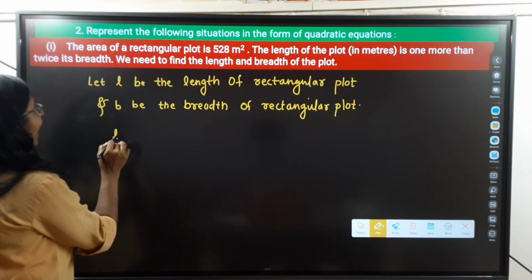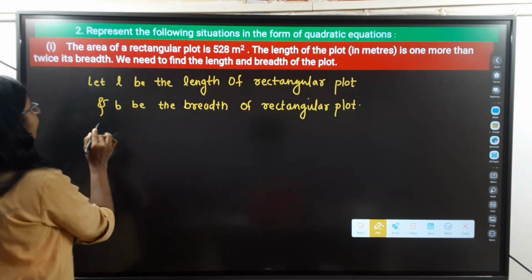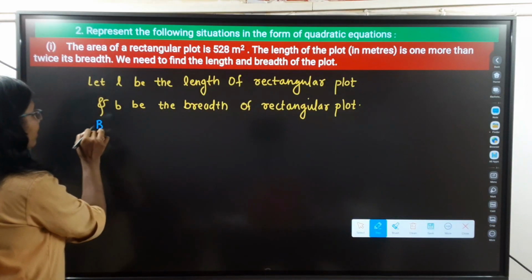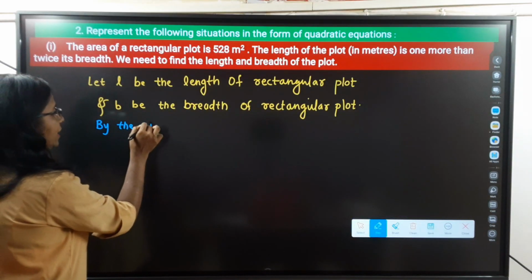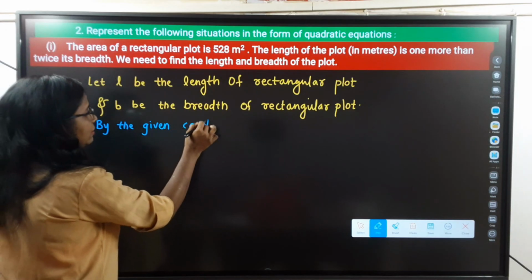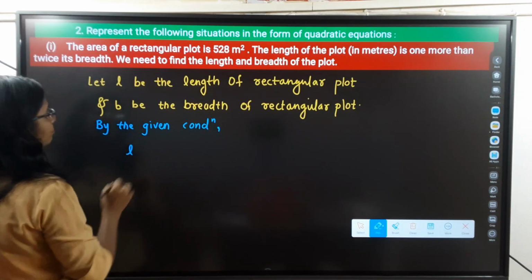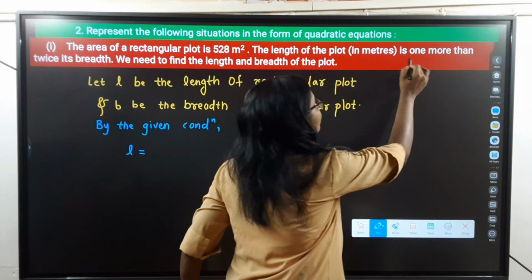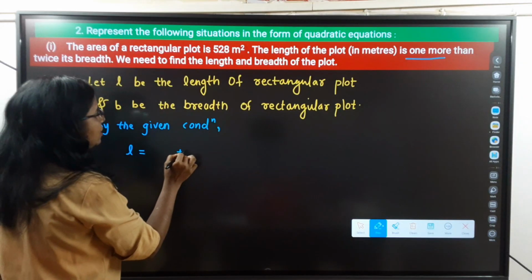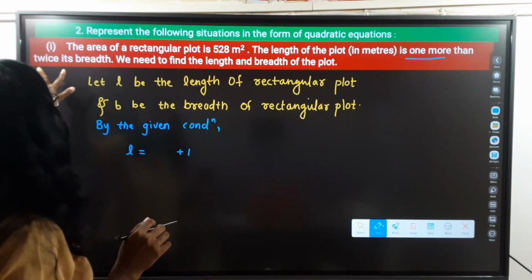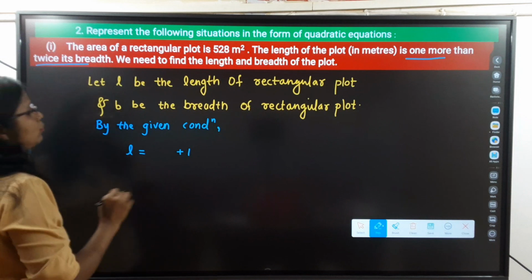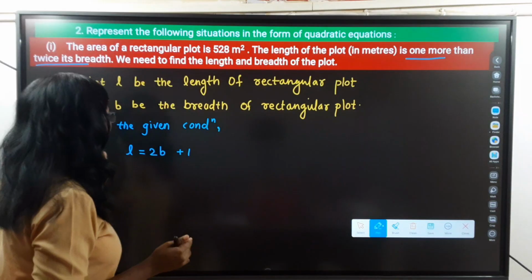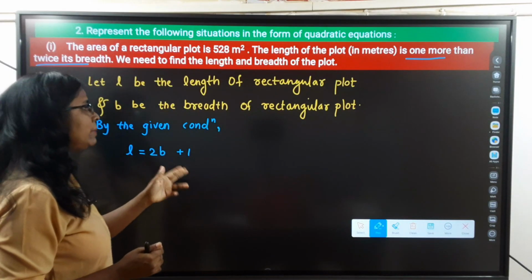By the given condition, the length is one more than twice its breadth. Breadth is b, so twice that means 2b. So the length L is equal to 2b plus 1.